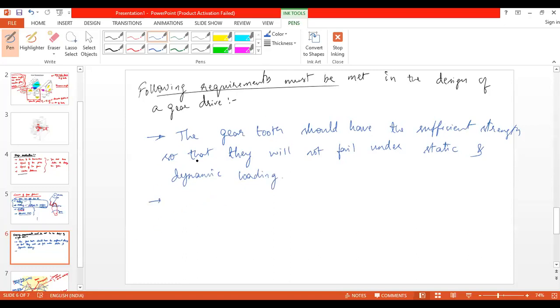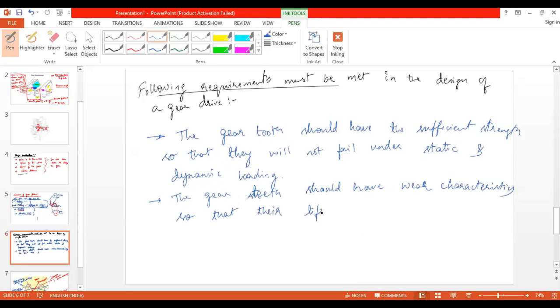Okay. And next is the gear teeth should have proper wear characteristics so that their life is satisfactory.